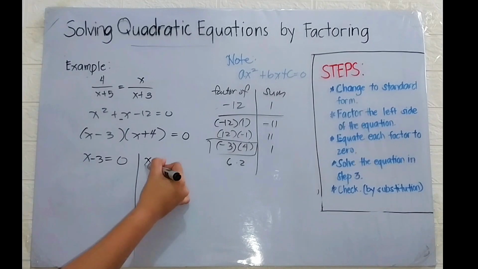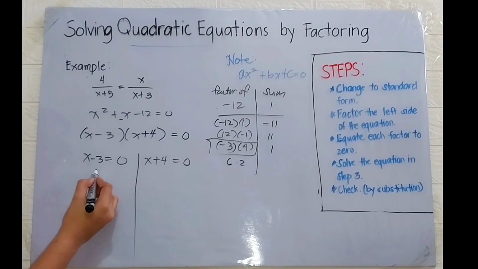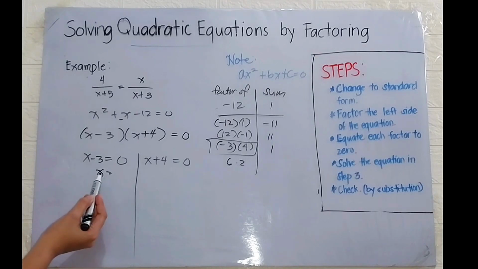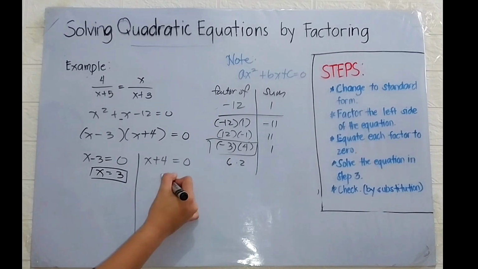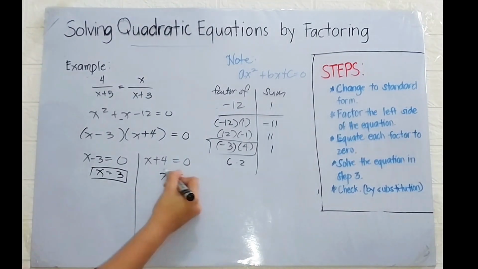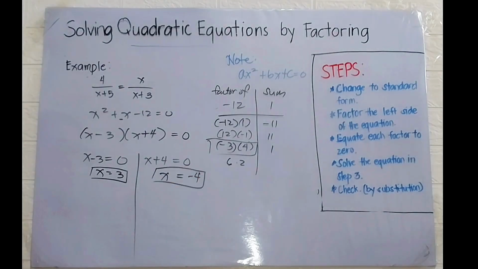X plus 4, equate it to 0. So x minus 3, x is equals to, from negative, using the APE, it becomes positive 3. Okay? And then x plus 4, using the APE, x, from positive, it becomes negative 4. Therefore, our values of x is 3 and negative 4.